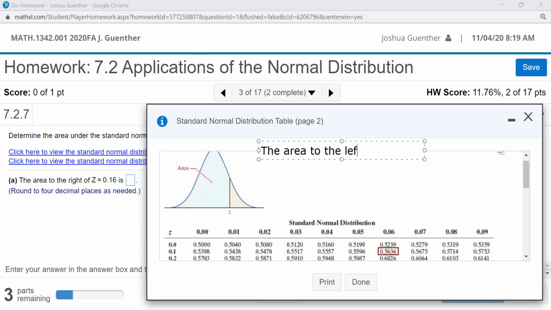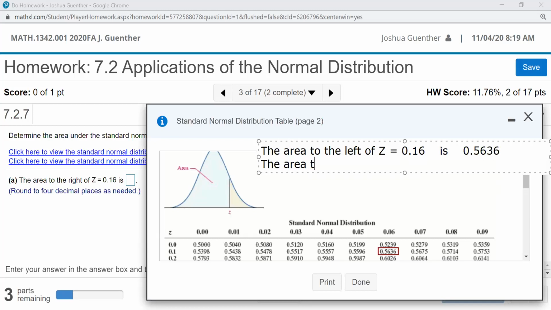So the area to the left of z equals 0.16, well, we can read that from the chart. It's 0.5636. The area to the right of z equals 0.16 is going to be 1 minus that. Because the chart is giving us all this area down here below the z-score. What we want is actually this area here to the right of the z-score.